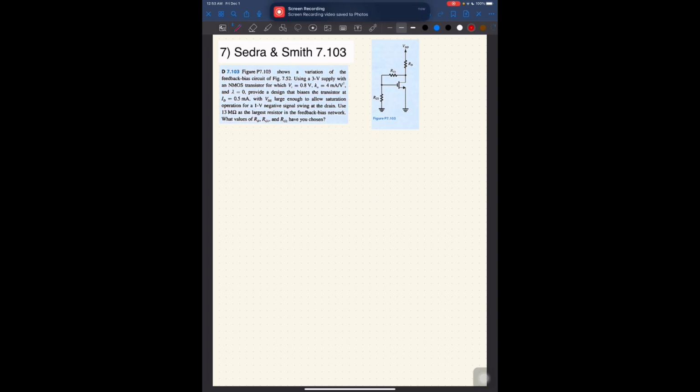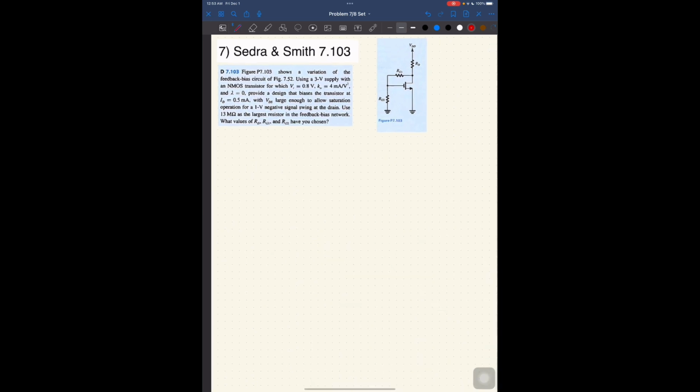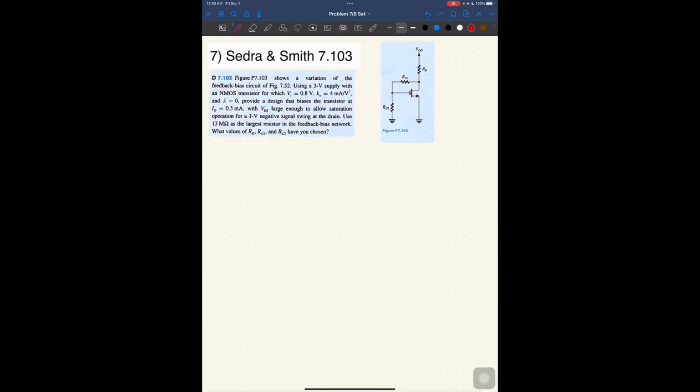Okay, so our final question is 7.103. This figure shows a variation of the feedback bias circuit of 7.52. In any case, using a 3-volt supply with an NMOS transistor for which VT is equal to 0.8 volts, Kn is equal to 4 times 10 to the negative 3, lambda is equal to 0, provide a design that biases the transistor at ID equal to 0.5 milliamps.